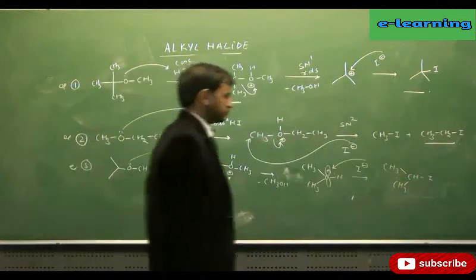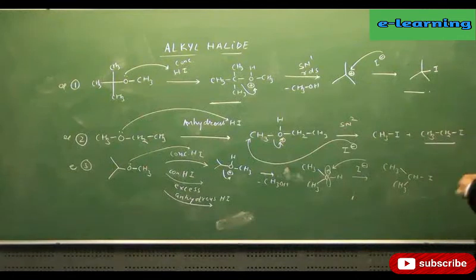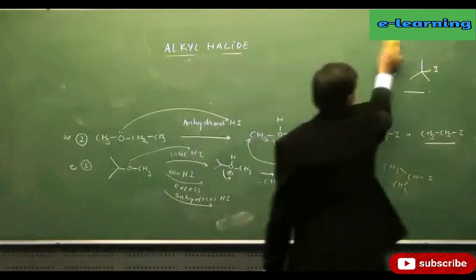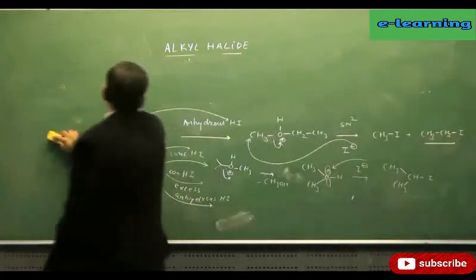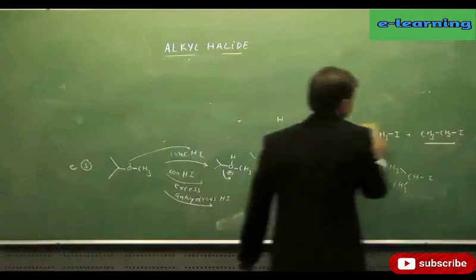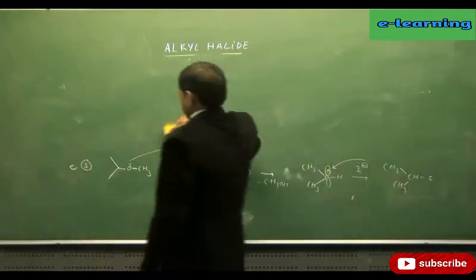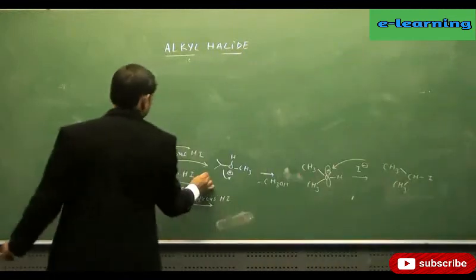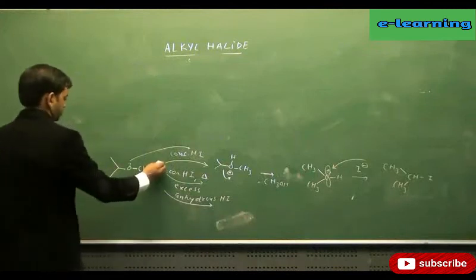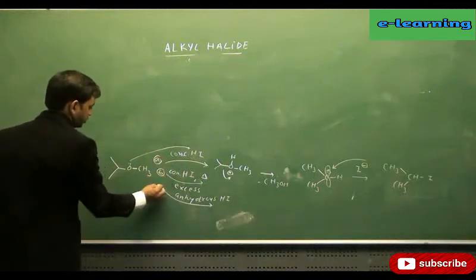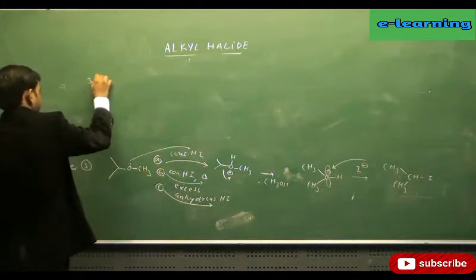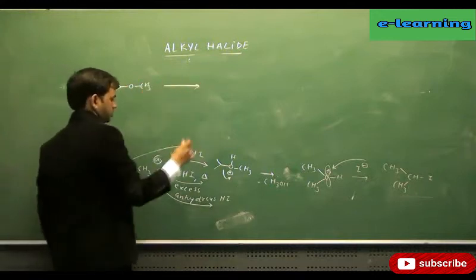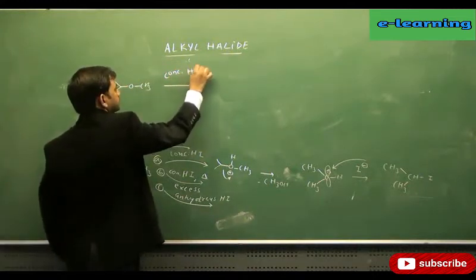In case of excess, if HI is in excess, or heat either is given or not given, in that case also, there are 3 reactions, A, B, C. Now we are discussing 3B. That is concentrated HI.